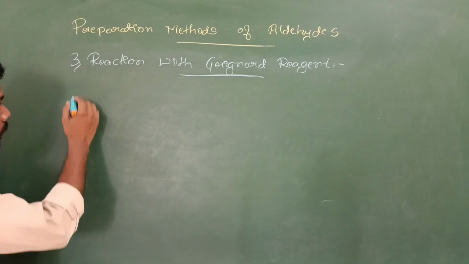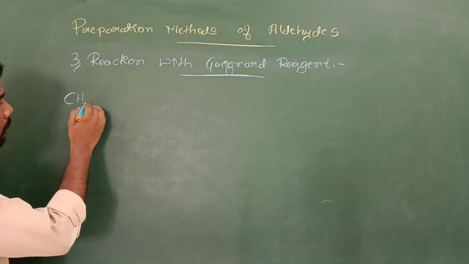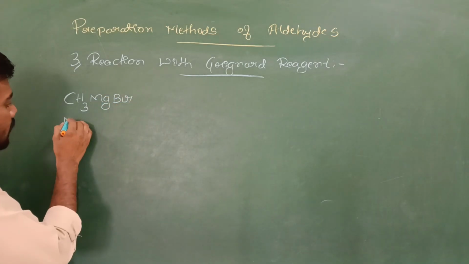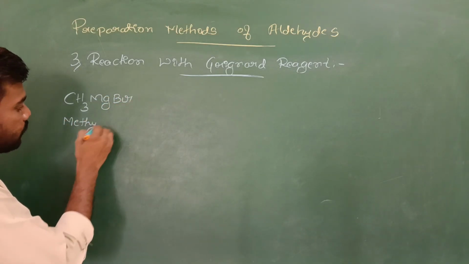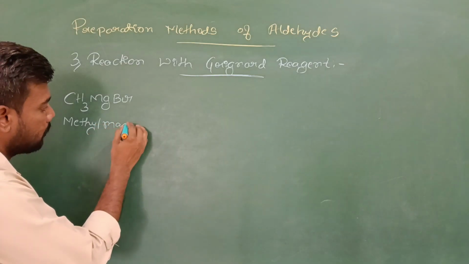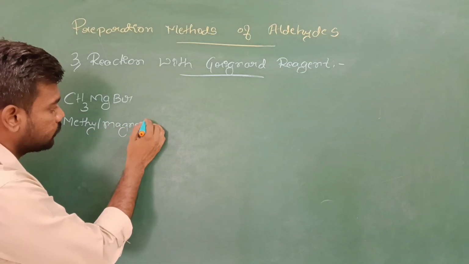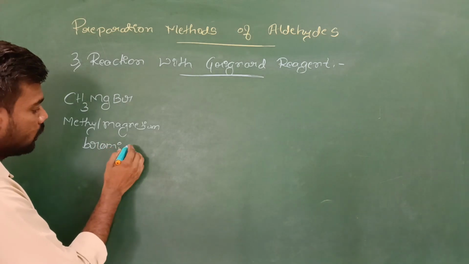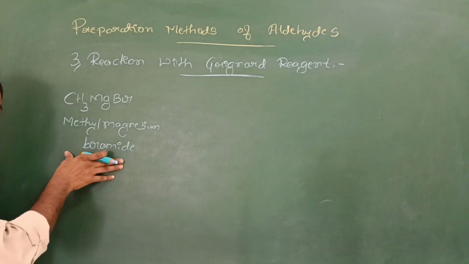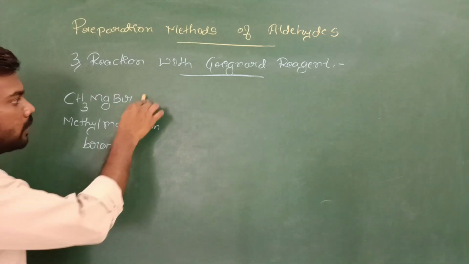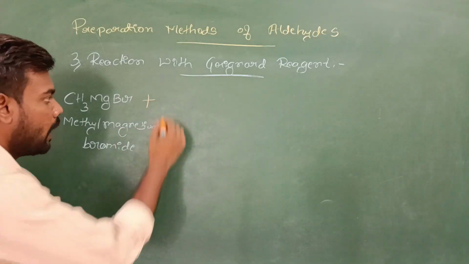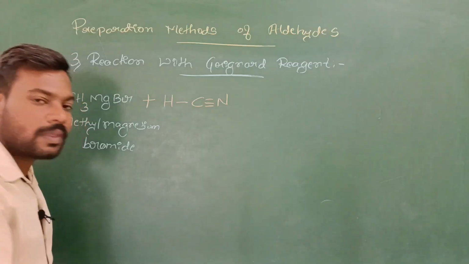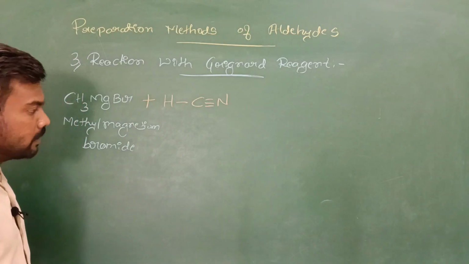For example, when methyl magnesium bromide, this Grignard reagent, reacts with hydrogen cyanide.